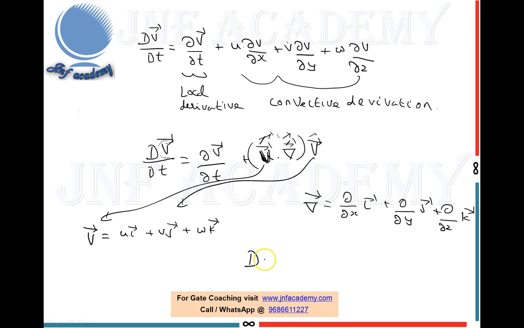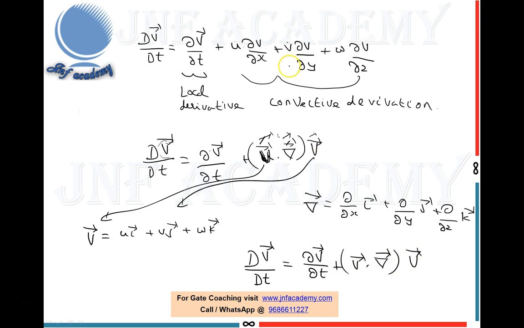I'll write this final derivative equation. The total derivative is equal to, and this is not necessarily V, it could be anything. Just to understand it, I have put V, which is ∂V vector by ∂t plus V vector dot del vector into V vector.